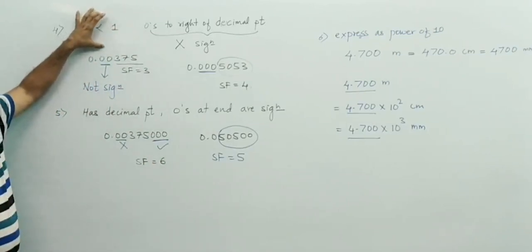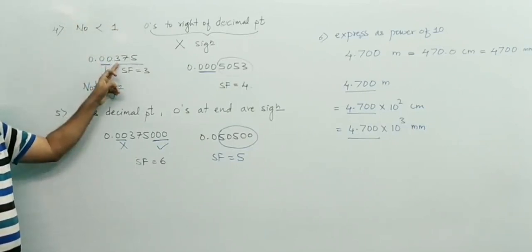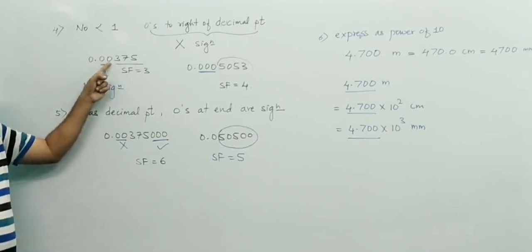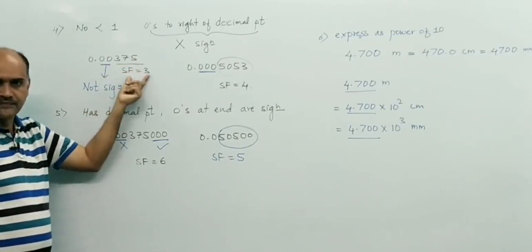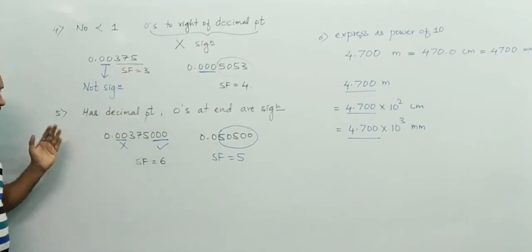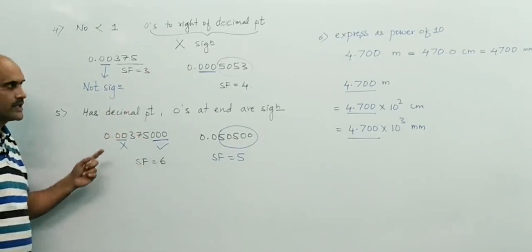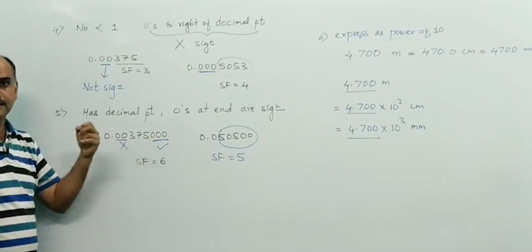Clear, students? So, fourth rule: if the number is less than 1, zeros to the right of the decimal point and left of the non-zero digit are irrelevant, meaning you are not required to count these. So the significant figures will be 3. Fifth, if there is a decimal point in a number, then zeros at the end are taken into consideration.